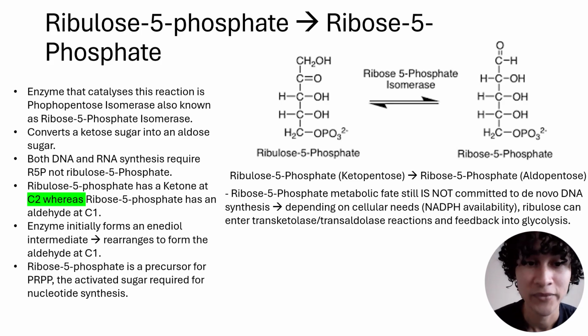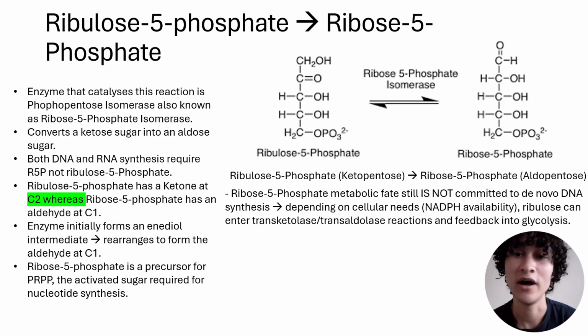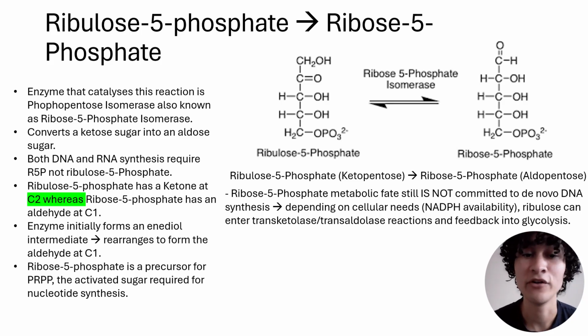Now, the enzyme initially forms an enediol intermediate and it rearranges to form an aldehyde at that C1 to get you ribose 5-phosphate. And then ribose 5-phosphate is a precursor for our PRPP, or phosphoribosyl pyrophosphate, which is the activated sugar for our nucleotide synthesis.